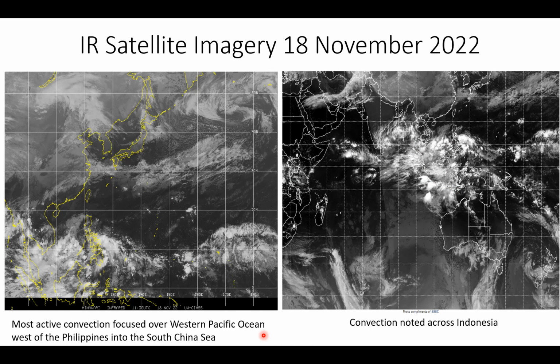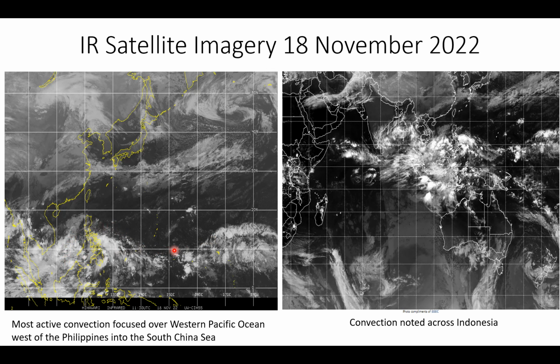So let's take a look at the infrared satellite imagery for the 18th of November 2022 for two specific regions of interest. The first here on the left is for the Western Pacific Ocean, and for the infrared satellite image, what we're doing is measuring the cloud temperatures. So the brighter the coloring of the clouds, that means colder cloud tops.